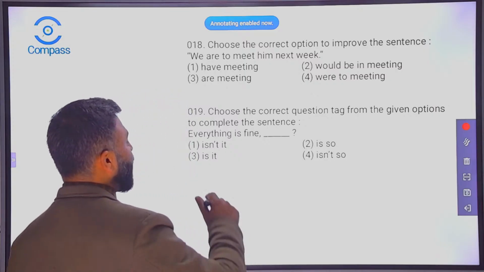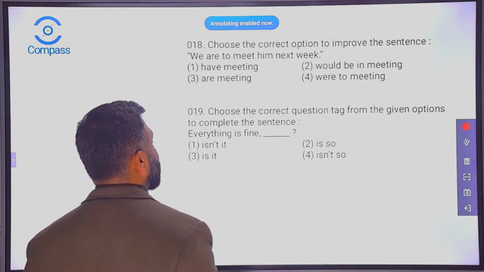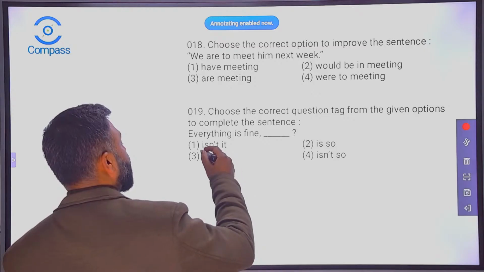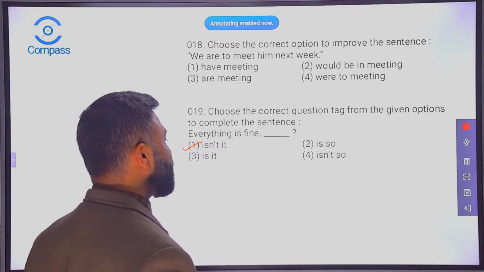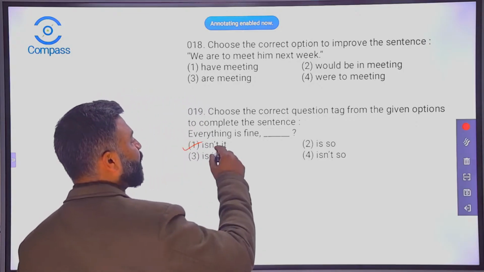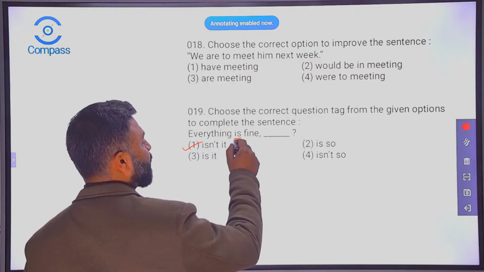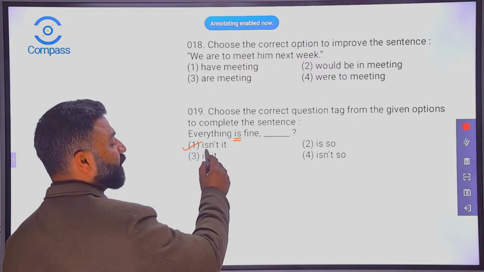Okay, so let's try. Everything is fine. Is so, is it, isn't so? Let me tell you. The correct answer to this question is going to be isn't it. Everything is fine, isn't it? Now, how have we got this? The sentence is positive, so question tag has to be negative.